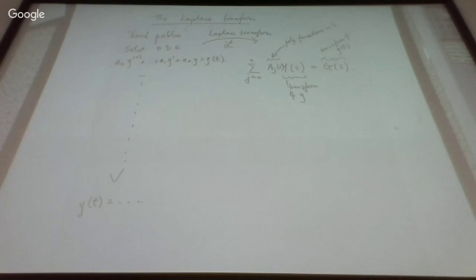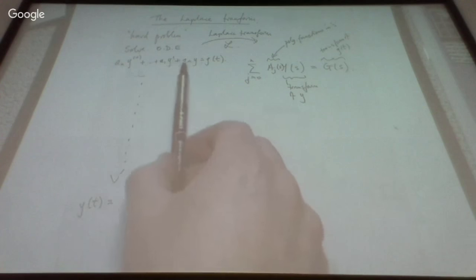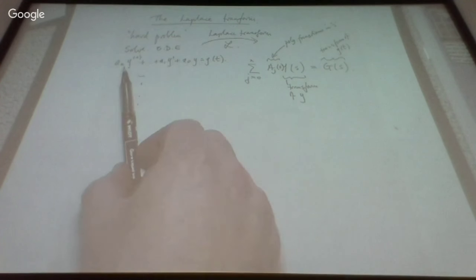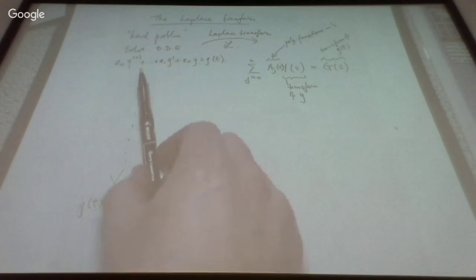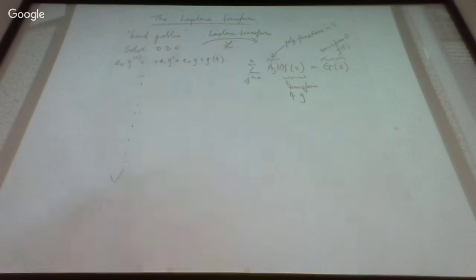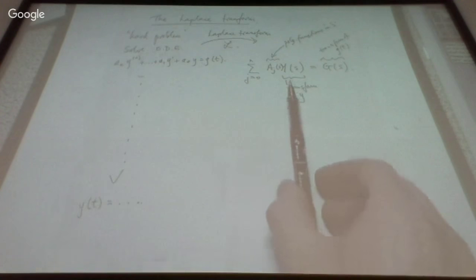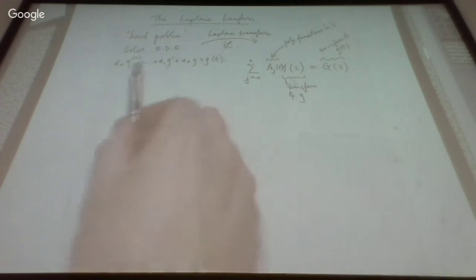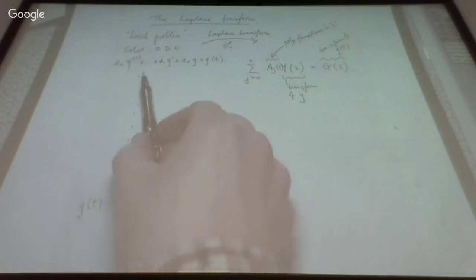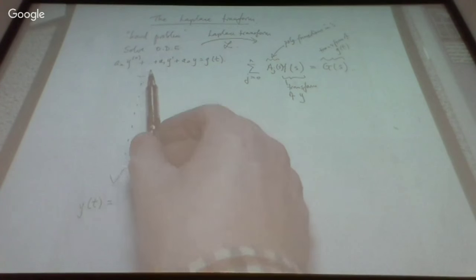The key thing to recognize here, you can even see simplification happening, is that over here on the left, we have different derivatives of the unknown function y. But in taking the Laplace transform, all of these different derivatives have been replaced by the one function, capital Y of S, which is the Laplace transform of Y. Now they pick up the complication implied in taking a higher derivative of a function.